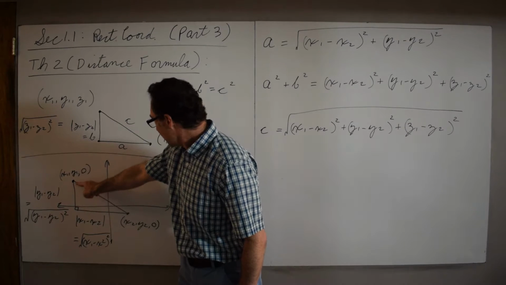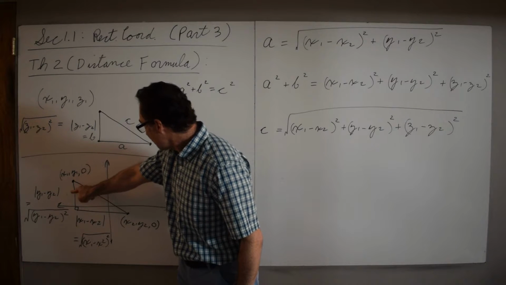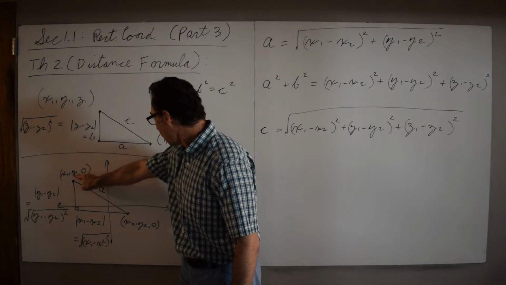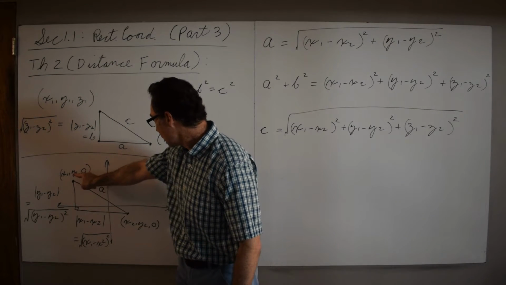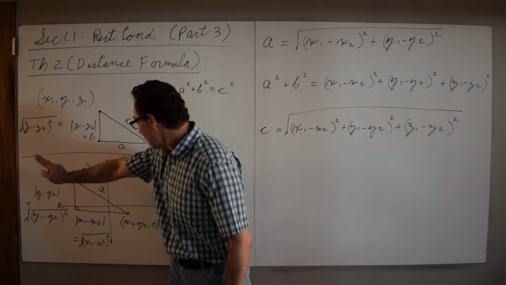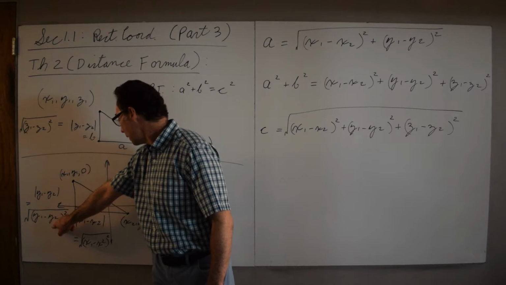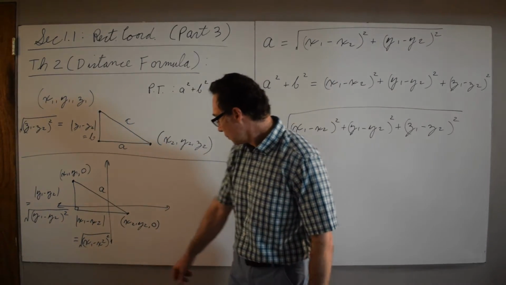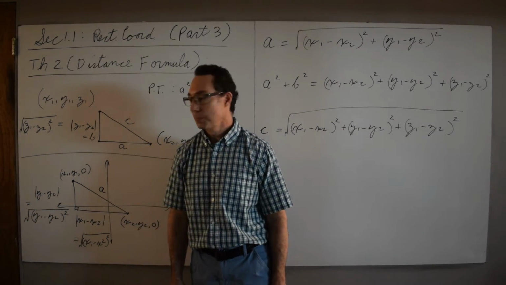This here is going to be the absolute value of y1 minus y2. The way I've drawn the picture, y1 is greater than y2, so this is just y1 minus y2. Absolute value, again, can be written as the square root of this quantity squared. We did the same thing with the x's.